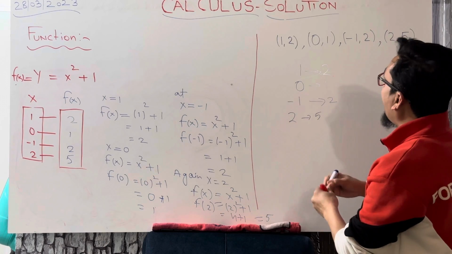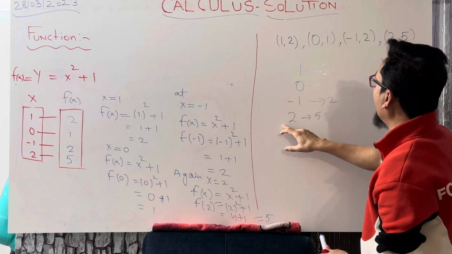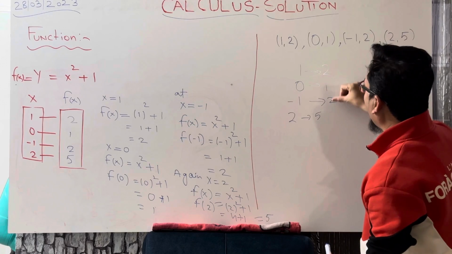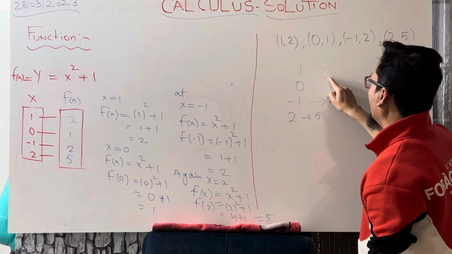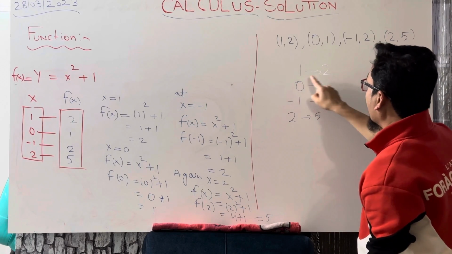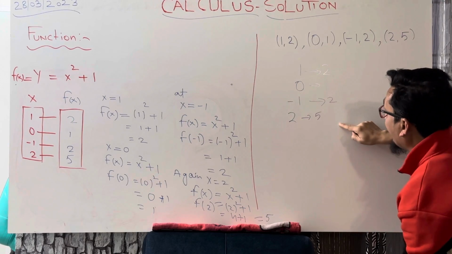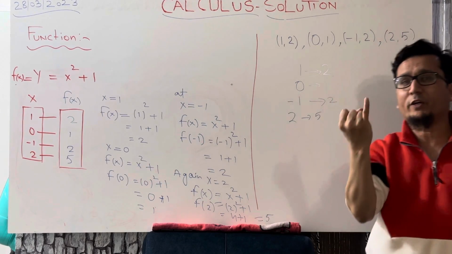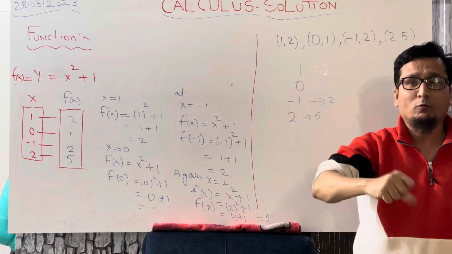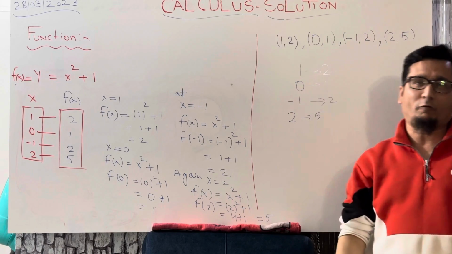Means for every value of x, we have a value of y. 1 has 2, so 1 does not have two values of y, right? So when you have one x and one unique value of y, then you can say it is a function.